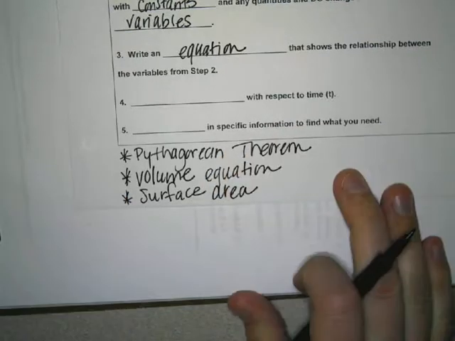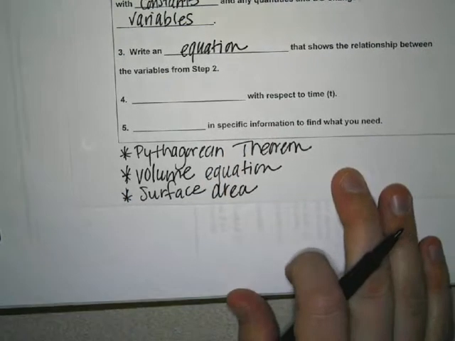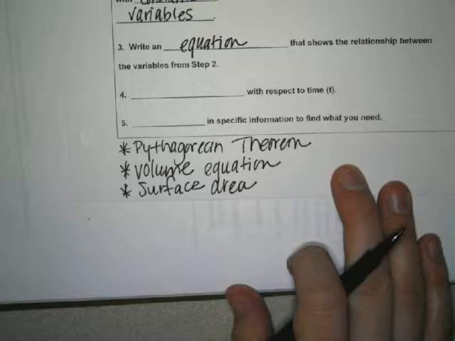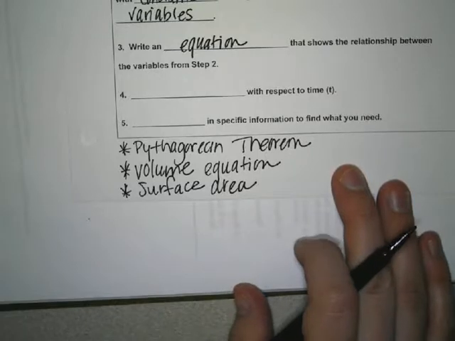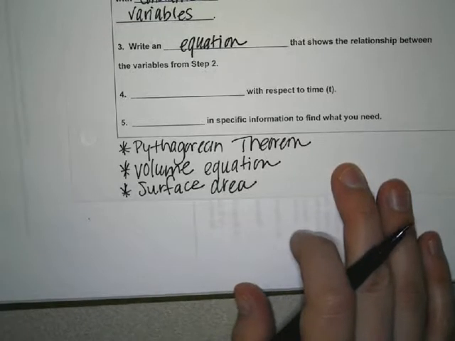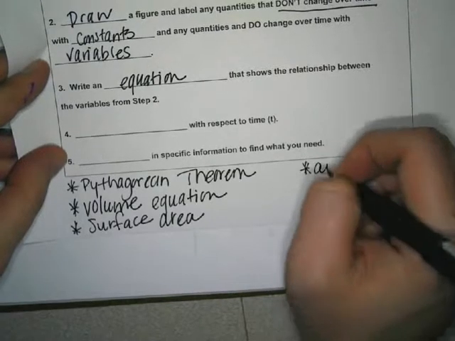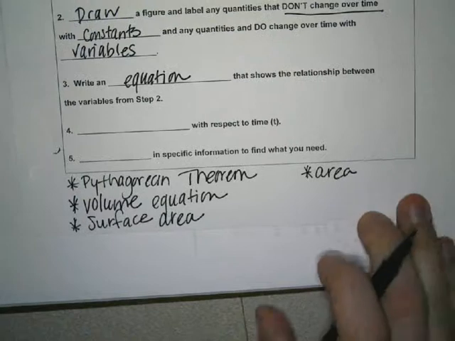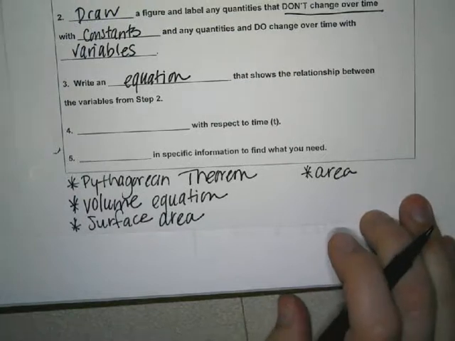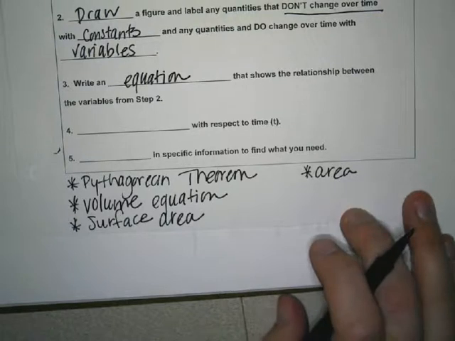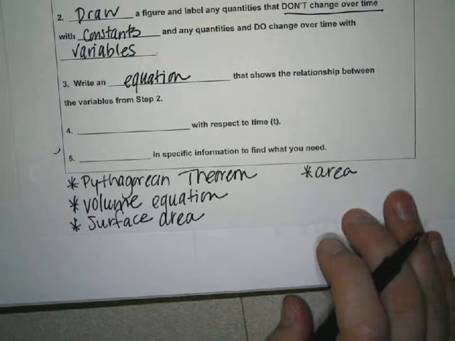I will say the common ones like rectangle, circle, those ones you have to know. But if they give you a weird shape, they'll give you the equation. So volume equation, surface area, area. In general, the area of something. If area is what's changing, then the area equation would be what you use. And we'll add to this list as we go. There are a few others, but we'll come back to them. These are the most common ones.